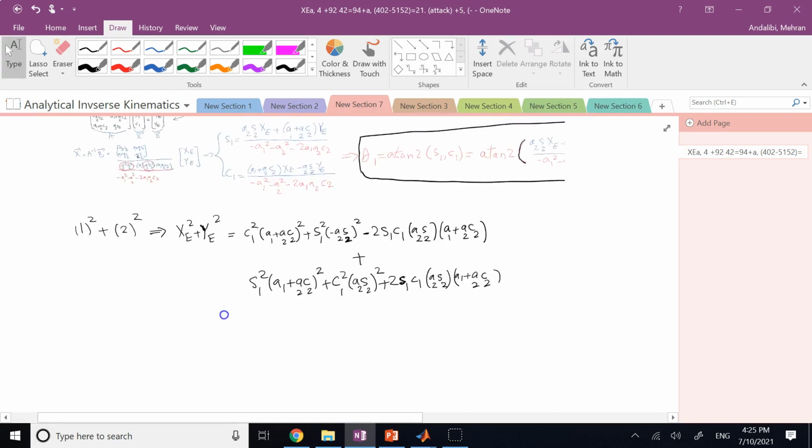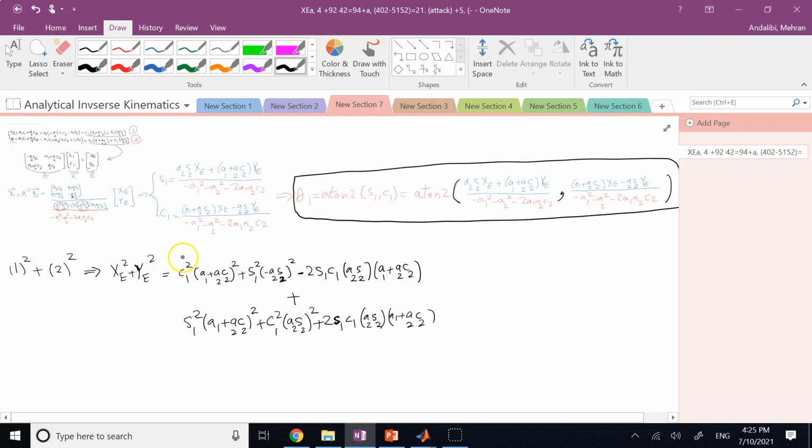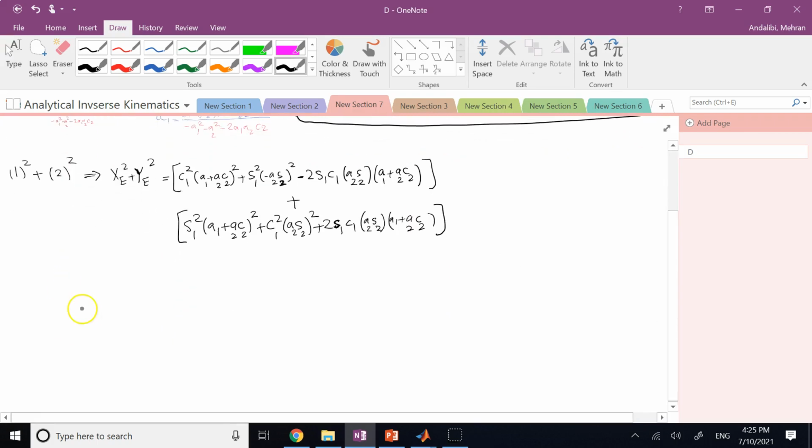Okay, so each one of these is the square of one side of 1 and 2. I add them together. If I do that, what do I get? Here I get xe squared plus ye squared is equal to... These two terms are the same thing.